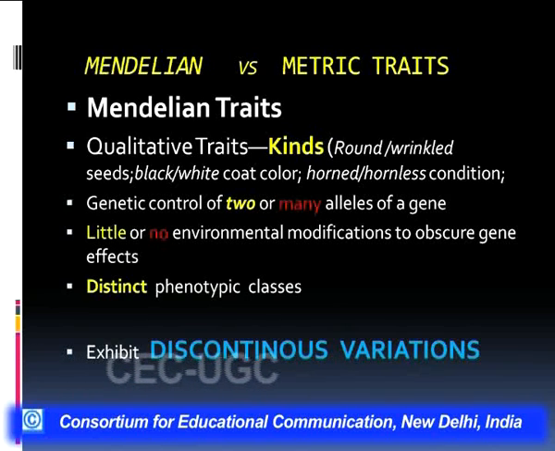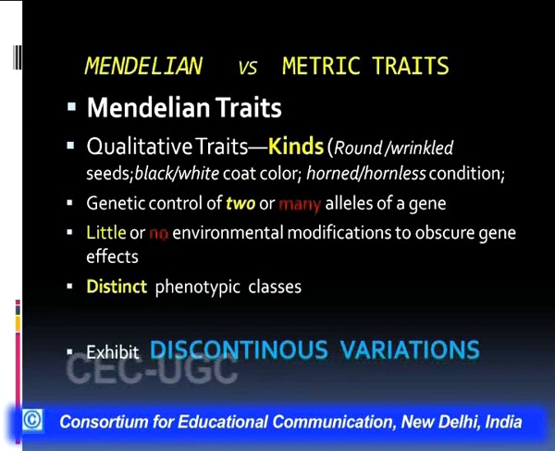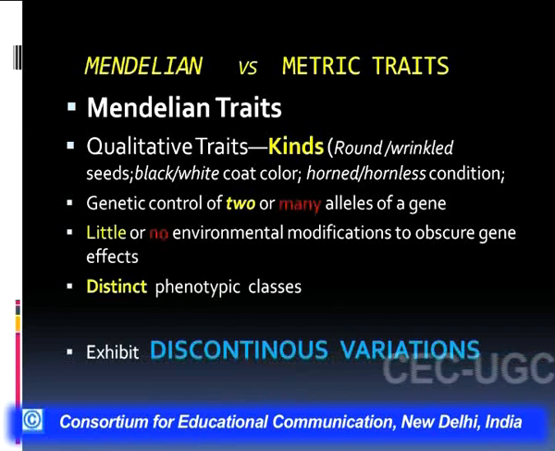So, that means the Mendelian traits are basically qualitative, they are revolving around kinds. Kinds means the phenotype, whether it is round, whether it is wrinkled, or whether it is black and white coat color, or the cattle whether they have horns or they are hornless. We know that such type of genetic control is usually by two alleles of a gene.